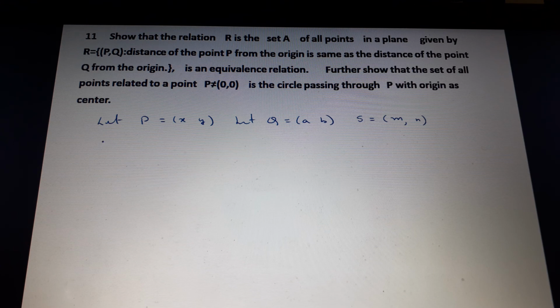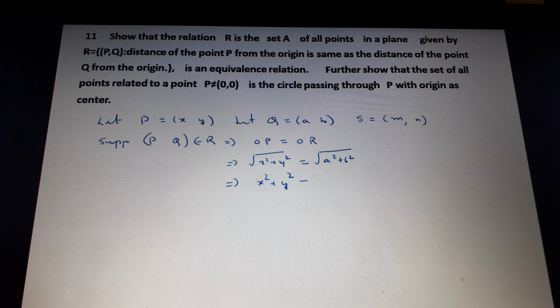Therefore, now what I do is, suppose PQ belongs to R. That means they are related. This implies OP must be equal to OQ. So this implies OP means what? Square root of x square plus y square equal to square root of a square plus b square. This implies x square plus y square equal to a square plus b square.